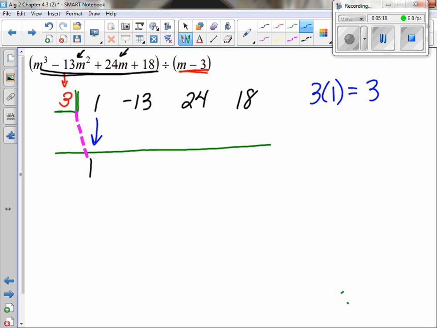And this 3 is going to go on the next number. We're going to multiply down and place it under the next number. Okay. So we good with this first step, getting 3 here? Yes? Now we add. Negative 13 plus 3 would be negative 10, yes?